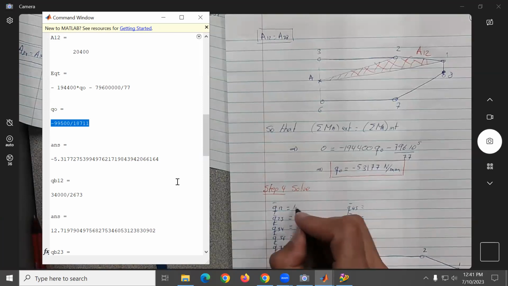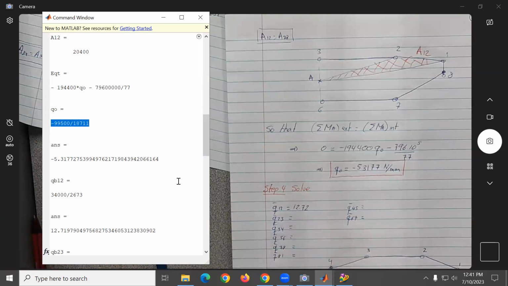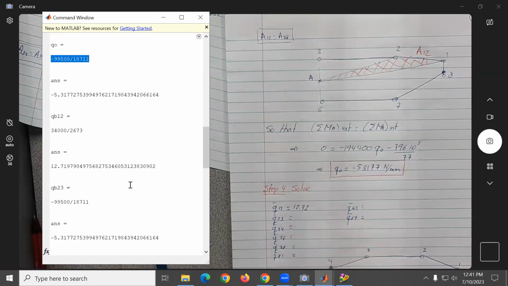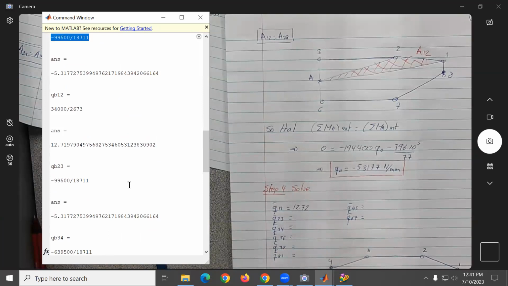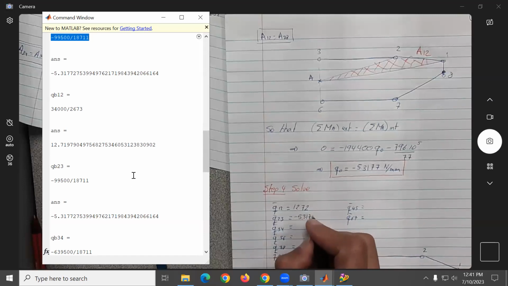Okay, and it looks like it's positive. If I scroll down, QB23. So QB23 is where we did the cut, so that should be equal to Q sub naught, no? So it should be equal to minus 5.3177.